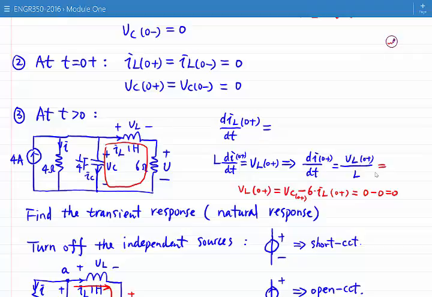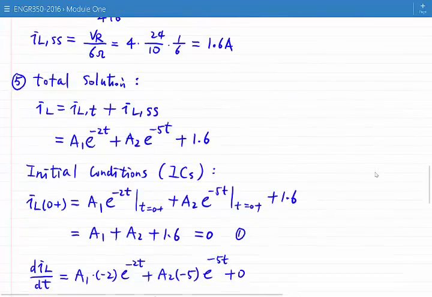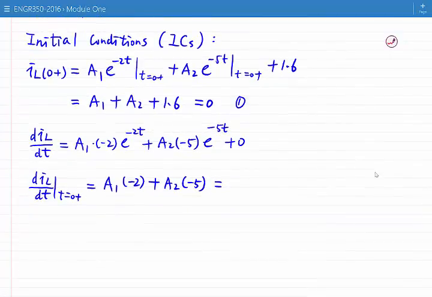So that means VL is 0 divided by L, L is 1 Henry, so this is 0. That means dIL/dt at 0 plus time is 0. So this is our second condition here, it is 0.